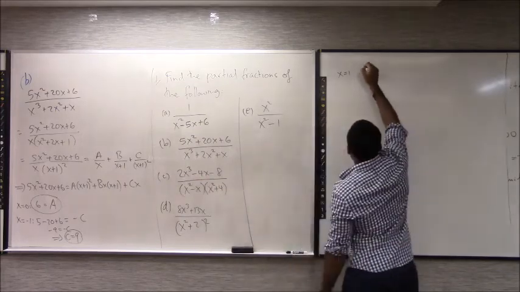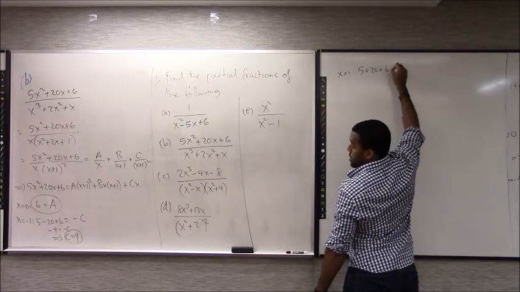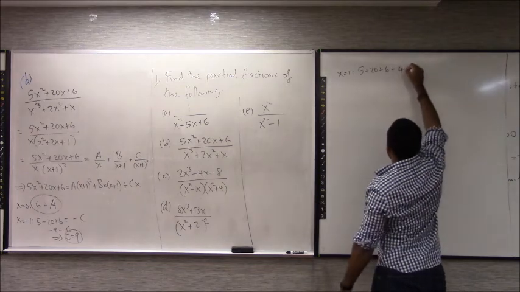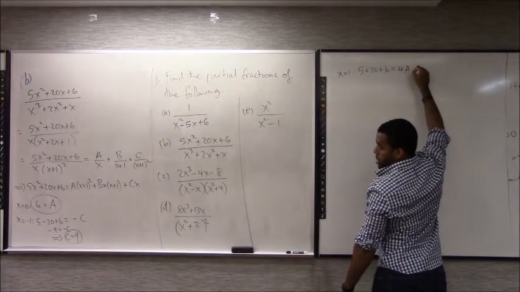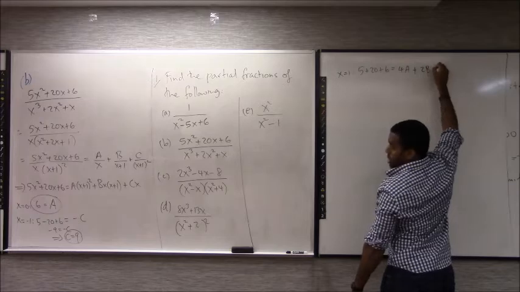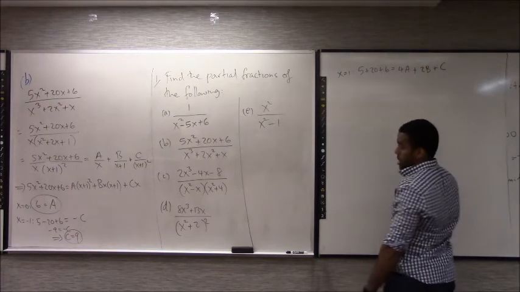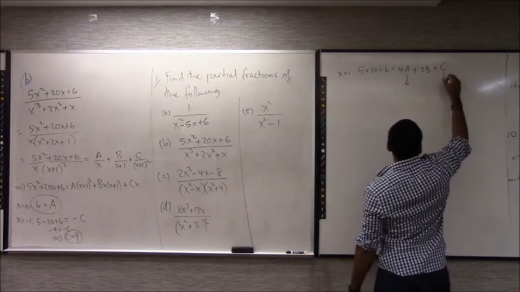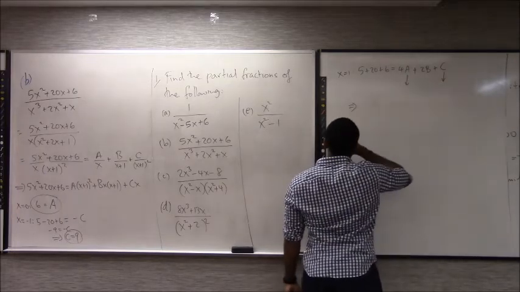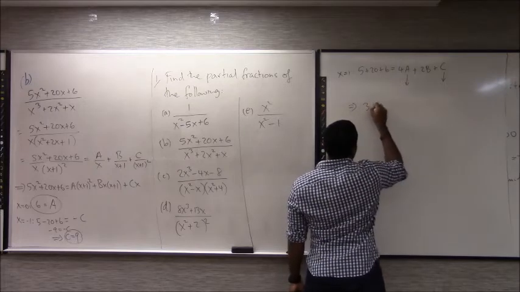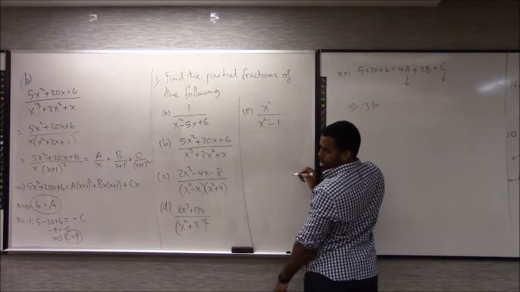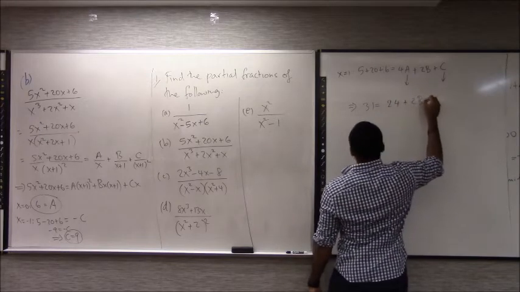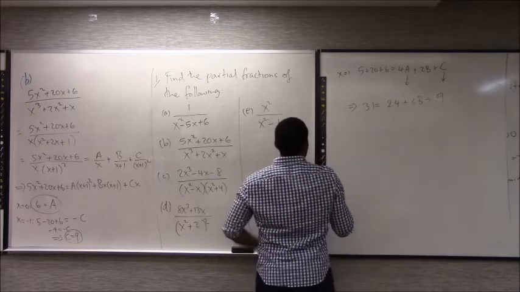Plugging in 1, I would get 5 plus 20 plus 6 equals 4A plus 2B plus C. And the good thing is I actually know what A is already, and I know what C is already. So that means over here I would have 31 equals, A was 6, so that's 24, and C was 9.